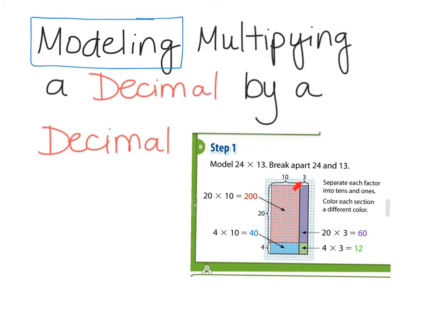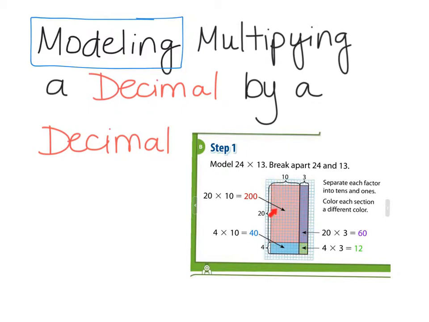There would be two of the flats right here, and each flat represents an area of 100 wholes, and the longs are representative of tens, and then the unit blocks are representative of one, or one whole.